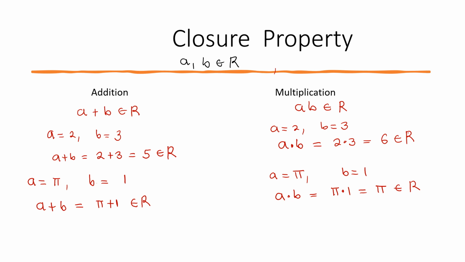So the real numbers are closed under addition, and they are closed under multiplication. If you take two real numbers and add, you still get a real number. If you multiply, you still get a real number.